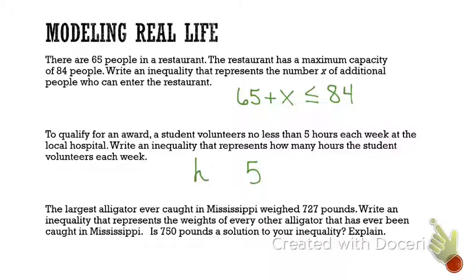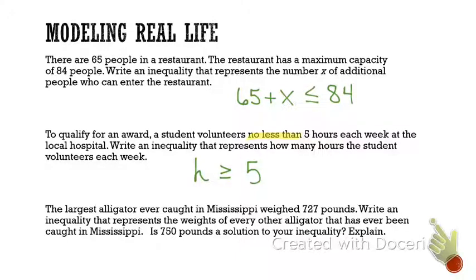So how do the hours need to compare to 5? 5 is my cutoff. Do the hours need to be less than 5 or greater than 5? What does no less than mean? No less than means that the hours must be greater than or equal to 5.